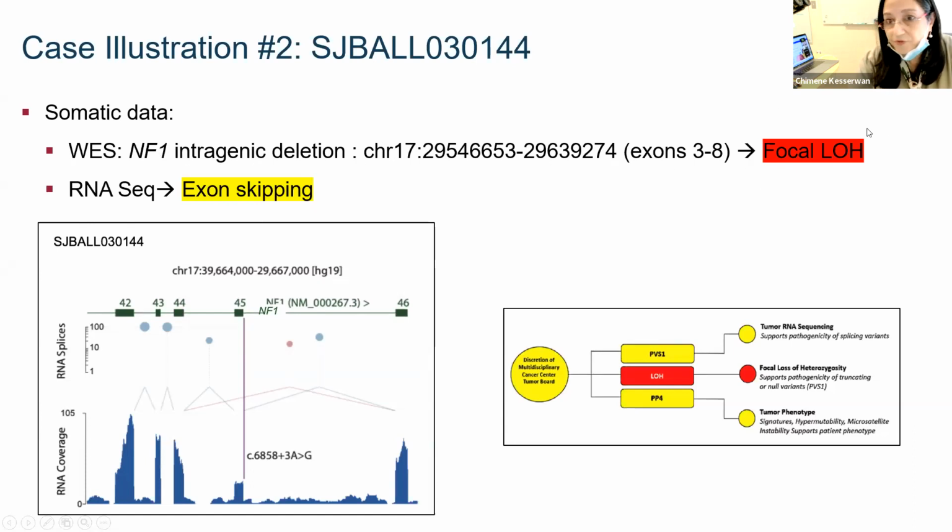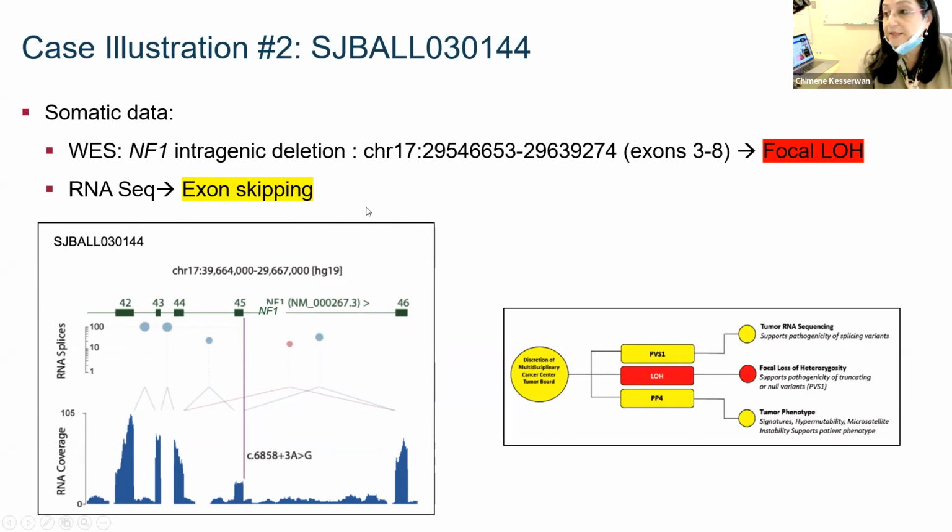So it's a focal loss of heterozygosity. You remember I told you that loss of heterozygosity is still not validated, because we did not yet come up with a very defined rule. So it's in red, but this is a second hit. So we know this patient already has a second hit.